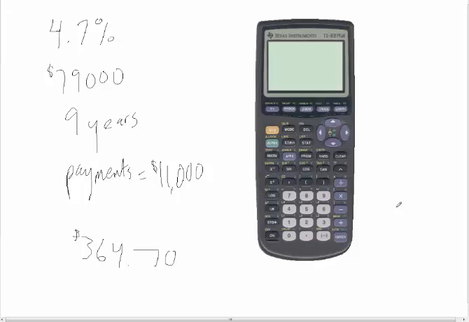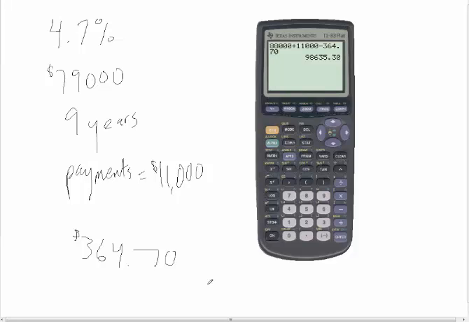So for your total payments, you've got 8 times 11,000 plus a last payment of 11,000 minus 364.70, your total payments were 98,635.30. All right, so that tells us how much you paid overall. And so given this, we can figure out the difference in total payments, which will tell us what the difference in interest was.